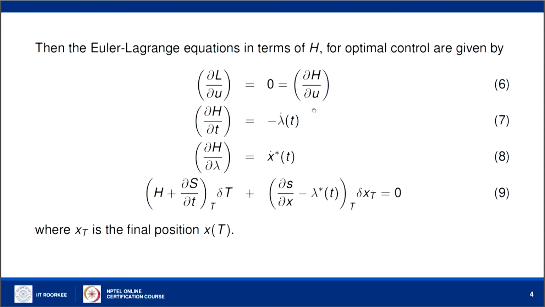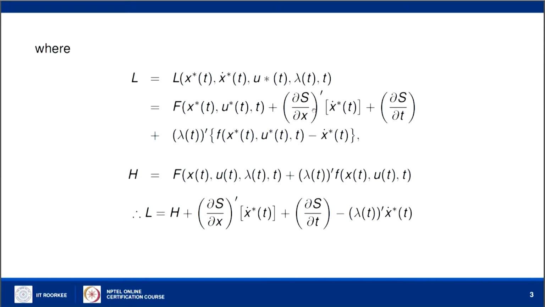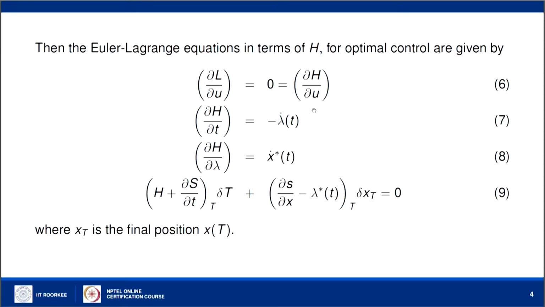From the previous expression we can easily see this from here, and del H by del x, it should be x here, equal to minus lambda dot, that is the seventh equation. Del H by del lambda equal to x dot is the equation which is already given.